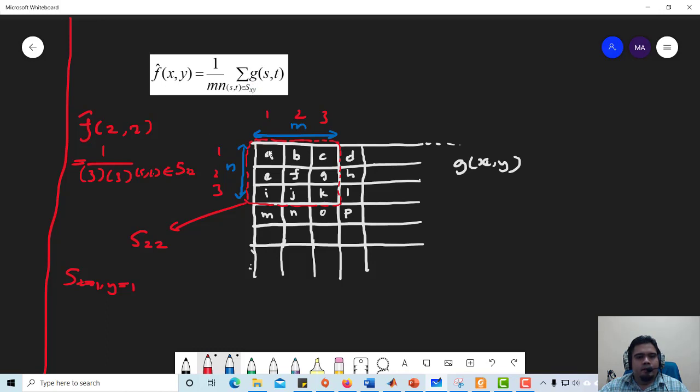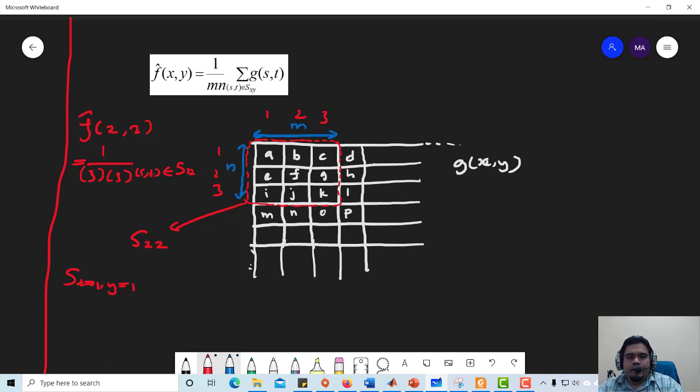This is s equal to 1, t equal to 1, this is s equal to 2, t equal to 1, this one is s equal to 3, t equal to 1. So that's how the index of s and t represents the local coordinate involved inside this window. In other words, that's how you express it. So when you understand this equation, it will become something like this.